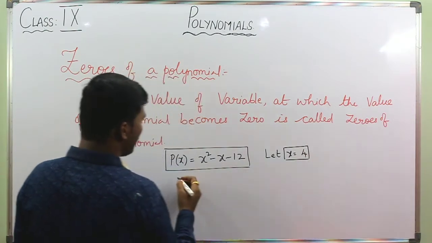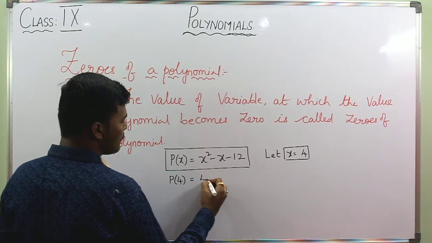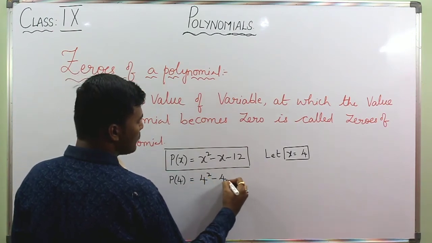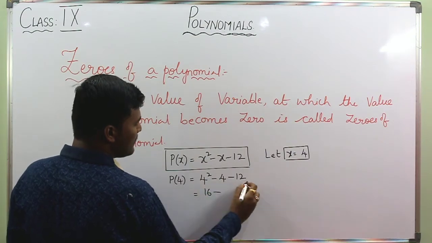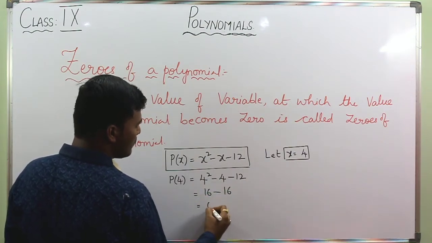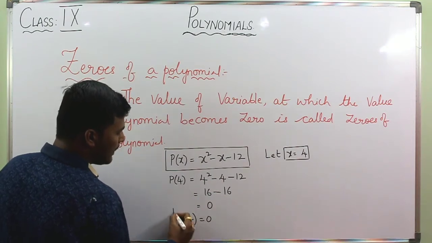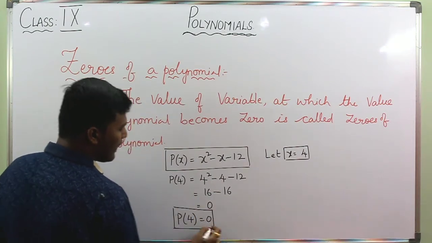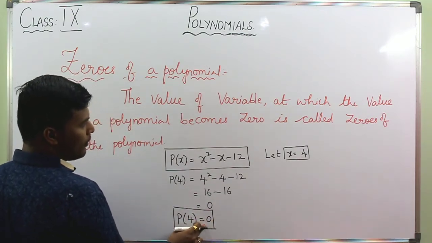So what do I get when I substitute x is equal to 4? That is, p of 4 is equal to 4 square minus 4 minus 12, that is 16 minus 16, which equals 0. When I substitute the value 4, I get the polynomial value as 0. So this is called the zero of the polynomial.